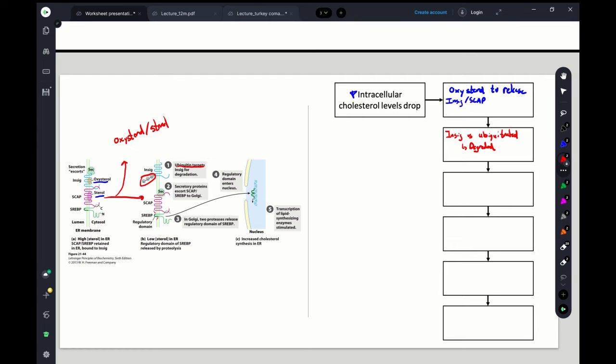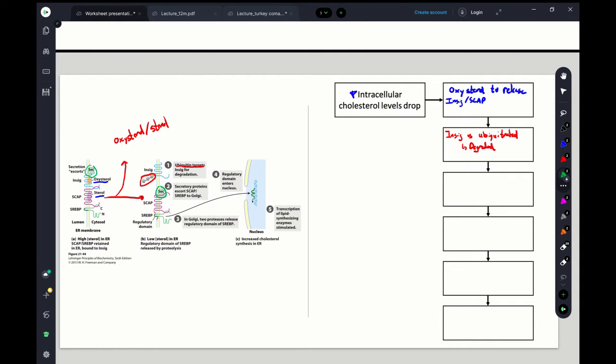Now, what that then allows to happen is that these secretory proteins, which were originally kind of shown here, but are shown here now, can bind to SCAP.